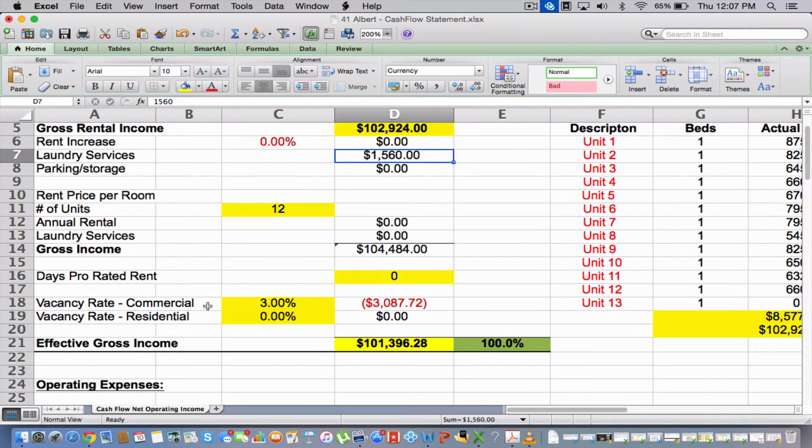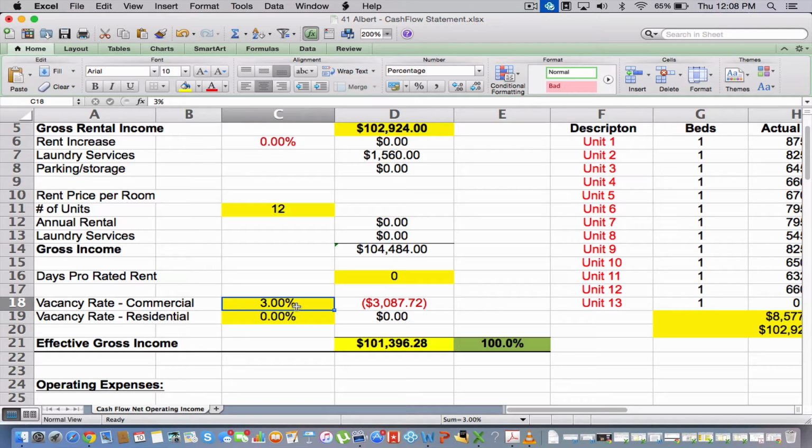So the second thing we need to do here is apply some vacancy. Vacancy is a little bit tricky in that every year your actual real vacancy could be different. Well, it is going to be different. There's really never a year when it's exactly the same. But we need to take vacancy as an average.